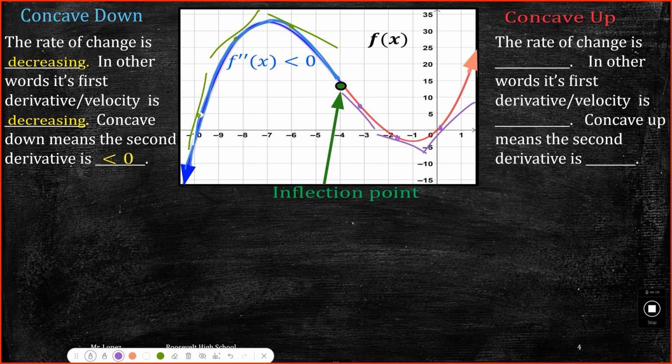There will be an inflection point, and then concave up means that the rate of change is, what? It is not about positive or negatives. The rate of change is increasing. In other words, its first derivative, the velocity, is increasing. Concave up means the second derivative is greater than zero, or it is positive.